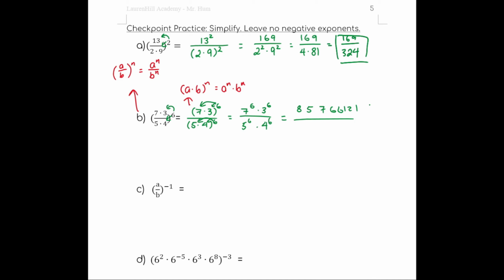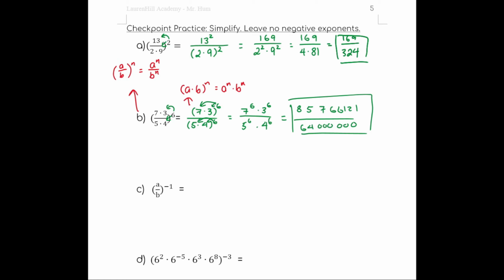And in the denominator, we have 5 to the 6 times 4 to the 6. That's going to be equal to 64 million. Okay, and that's the answer for B.